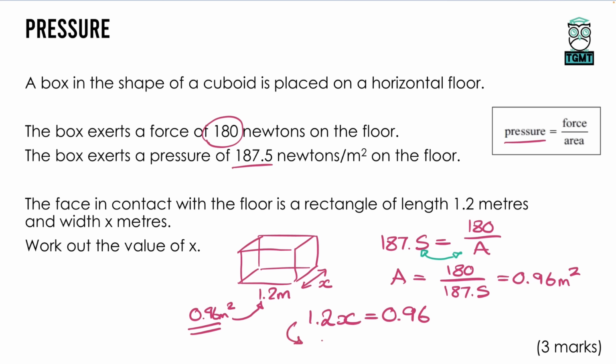To find the value of 1x, which is what we want to know, we just need to divide by 1.2. So divide both sides by 1.2, and we will have our width, and that comes out as 0.8. And there we go, that is the width of the rectangle, 0.8 metres. And there we go, there is some reverse pressure to find the area.